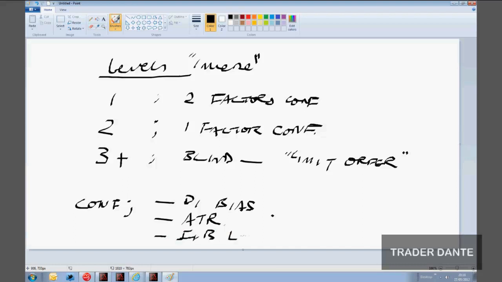And the third one is a fib level. If we've got a strong fib level taken from a major swing point, and preferably on the daily, I like to draw my fibs from swing points on the daily, okay, rather than the hourly. So if I've got that, then I will consider that confluence.